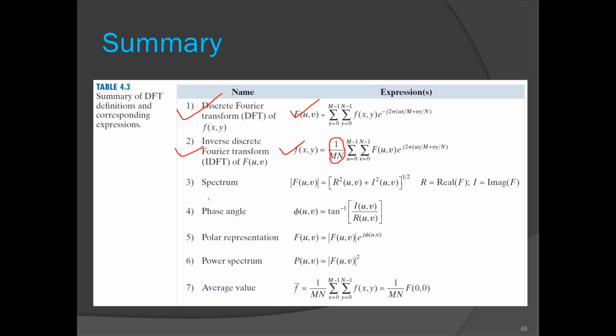Then the spectrum is calculated with this equation, and the phase angle is calculated by this formula: tan inverse of the imaginary part of F(u,v) divided by the real part of F(u,v). Then the polar representation is this one, which we discussed in the previous class. Then the power spectrum is the square of the spectrum. Then the average value: if you put u and v as 0, it is given here.